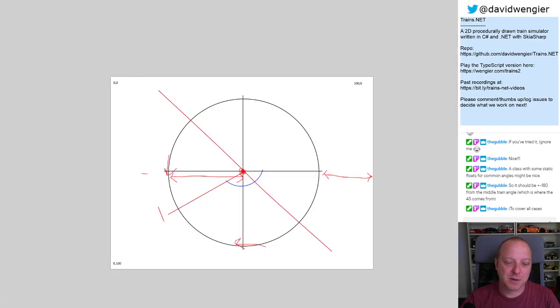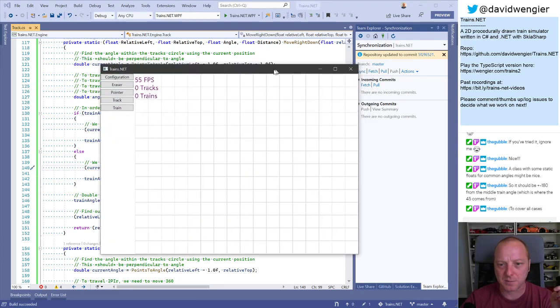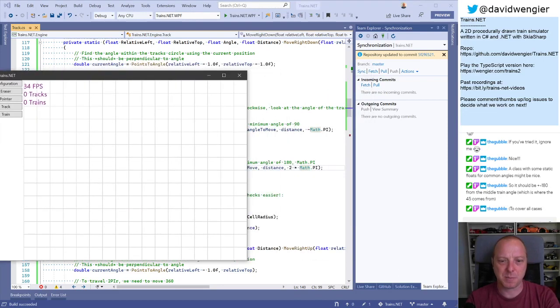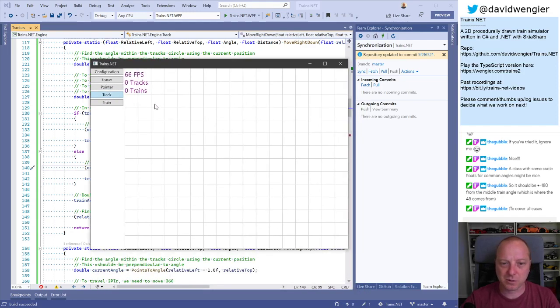I'm kind of thinking maybe if I can refactor these magic numbers, because all these are basically the same, into one method that does it all. Essentially, these two numbers express the bounds of the train, or of that relative angle anyway. And then this one is related to that middle angle. So we should be able to work it all out.